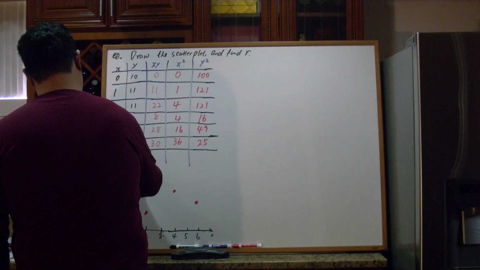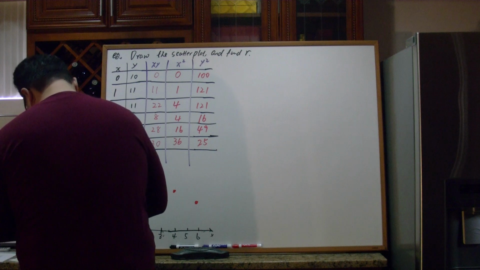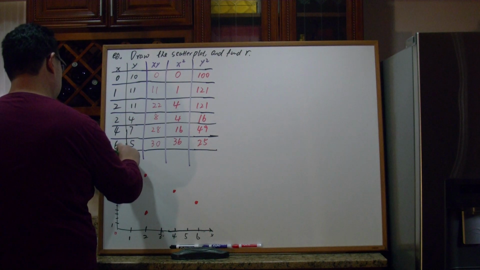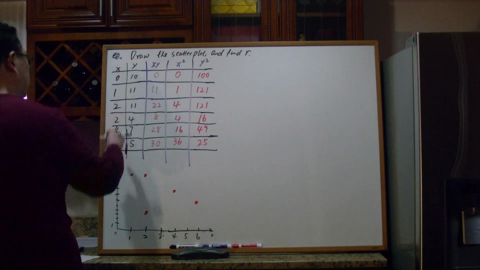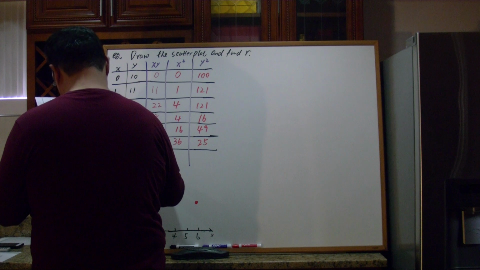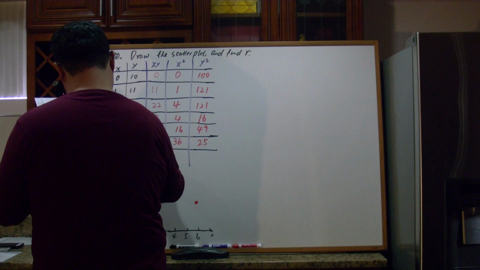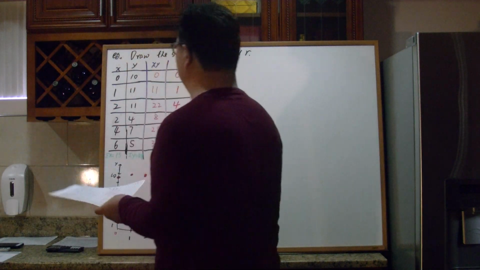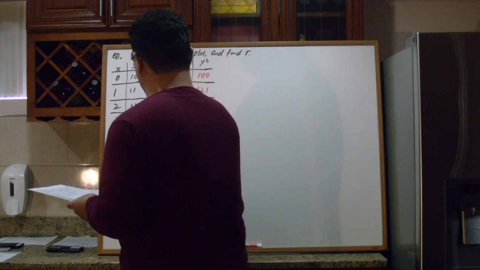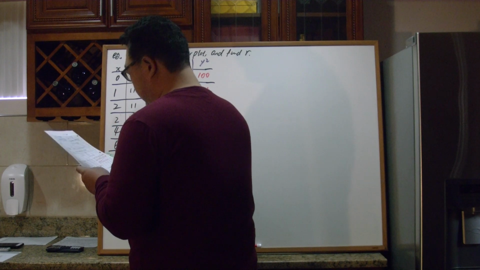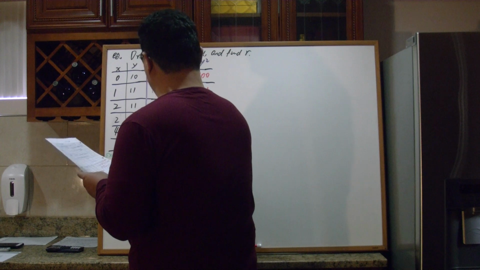which the first is the sum of x, adding all together we get 15. You can use your calculator to add them. The second column is the sum of y, that is 48. The third column, the sum of xy, that I have in my notes, is 99.